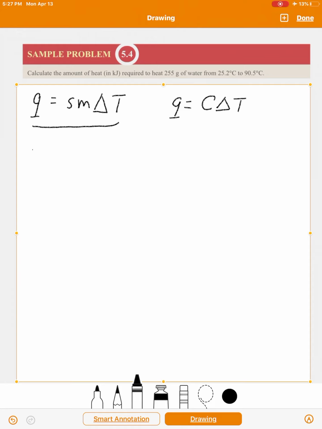Okay? So the amount of heat required to heat water, W for water, would be the specific heat of water. Notice it's not given in the problem, but you can find that in the table in this section. And I also said, I think in the lecture, that if you're talking about water, that's one you might want to remember.